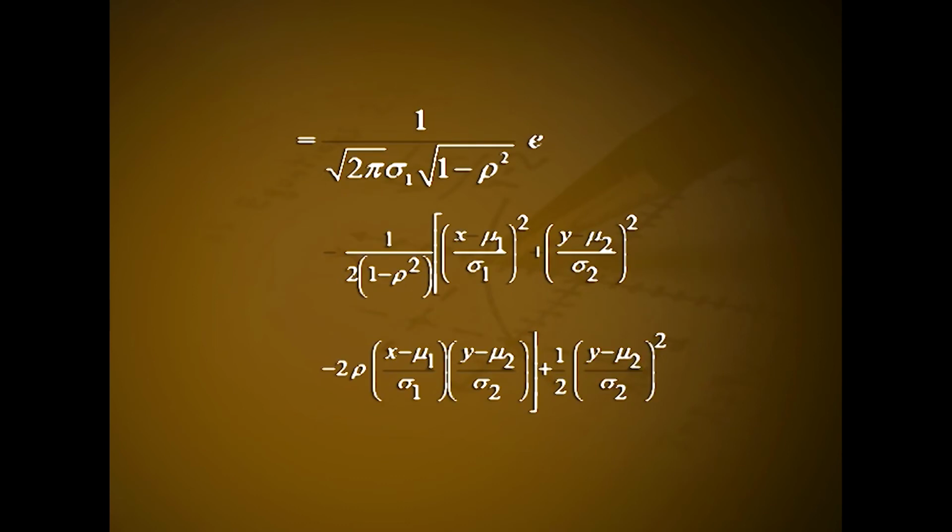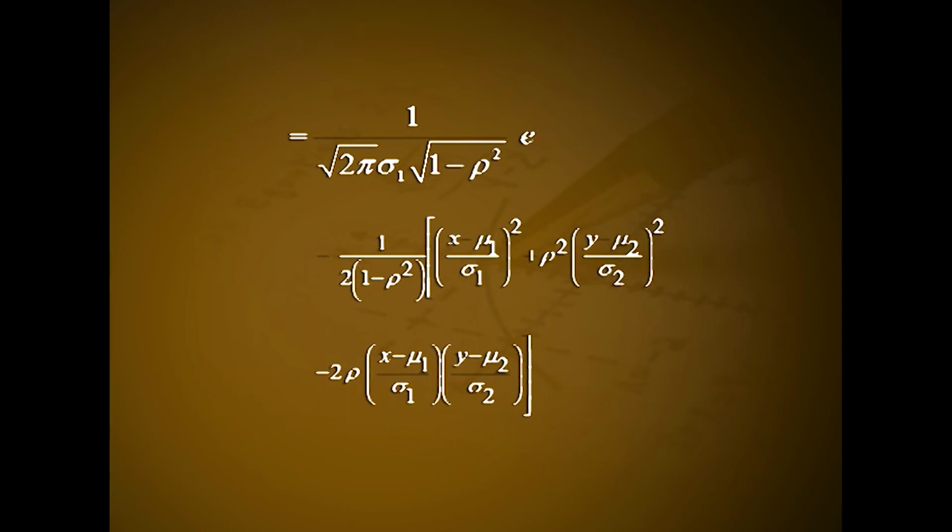That is equal to 1 divided by root 2 pi sigma 1 times the square root of 1 minus rho square, times e raised to minus 1 divided by 2 times (1 minus rho square), times (((x minus mu 1) by sigma 1) whole square plus ((y minus mu 2) by sigma 2) whole square minus 2 rho times ((x minus mu 1) by sigma 1) times ((y minus mu 2) by sigma 2)) plus 1 by 2 times ((y minus mu 2) divided by sigma 2) whole square.